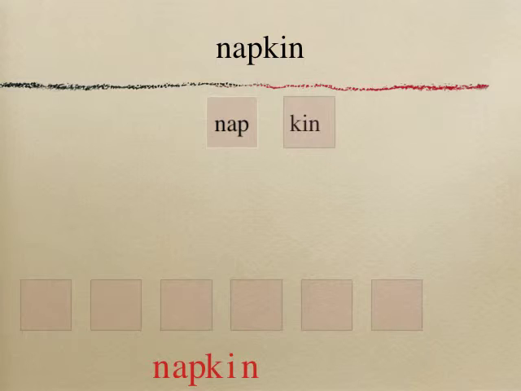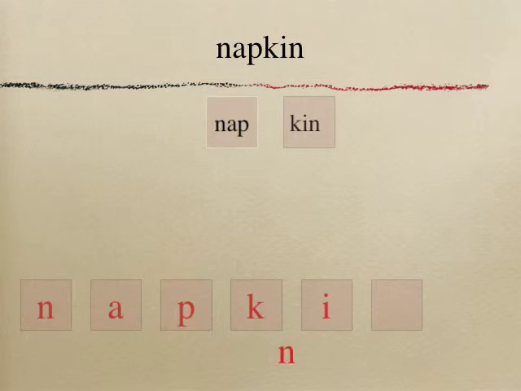So, let's go down below and let's look at nap, n, a, p, I, n. Napkin. N, a, k, I, n. Napkin.